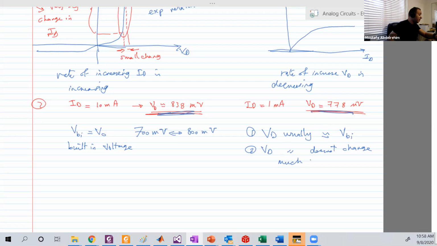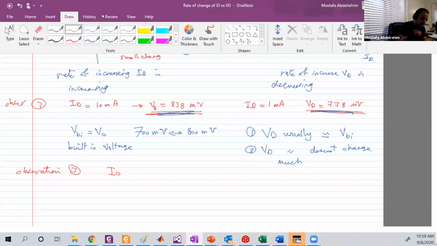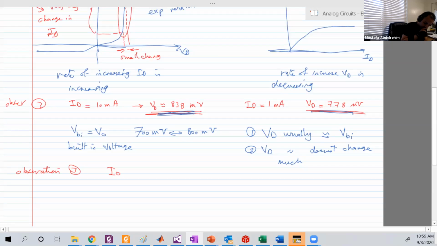Now, the third observation. It's also very important. It's regarding I naught, or the relation between ID and I naught.